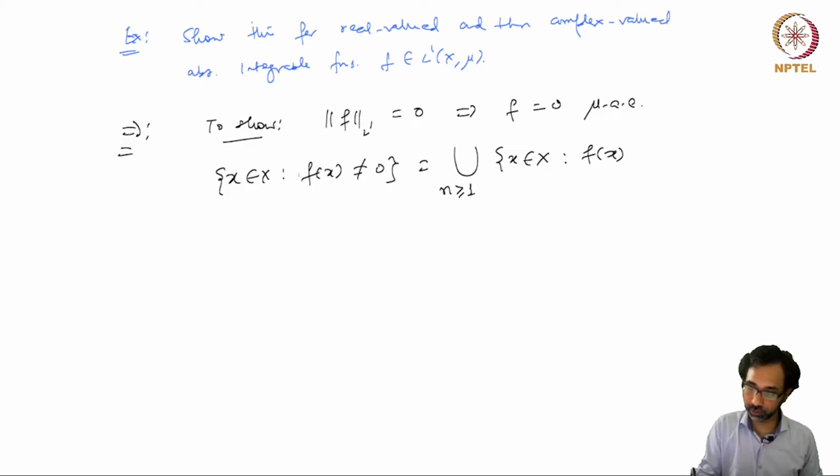So let me write again mod f, because if we show that mod f(x) not equal to 0 has measure 0, then f not equal to 0 also has measure 0.